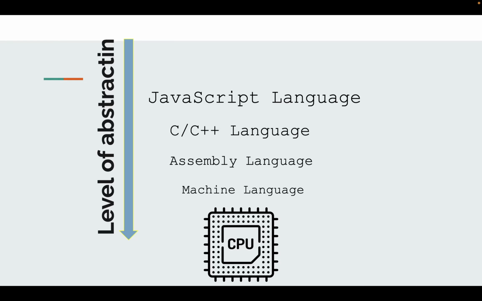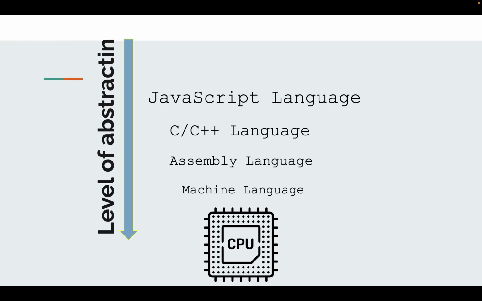But C and C++ still lets you have a degree of control that's lower level, and so a bit closer to the microprocessor itself. And that's why it's very popular to use, because you have a great degree of control, but it's also easier to code in. It's easier than assembly or machine language.